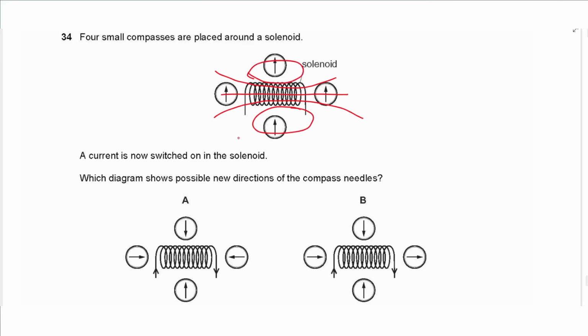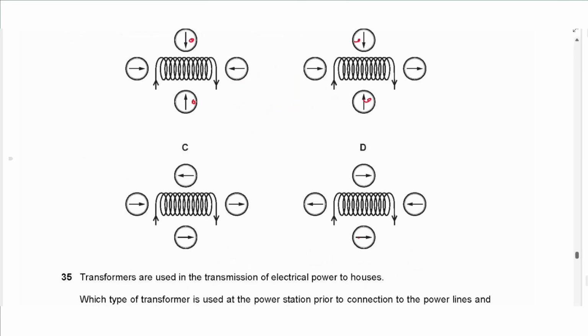So it's not A nor B, since these compasses are not pointing as tangents to these lines. And the magnetic field should be pointing in the same direction around the coil. So it should be pointing either away from one side and going towards the other side, or in the opposite direction. So these compasses should be pointing in the same direction, so the answer is D.